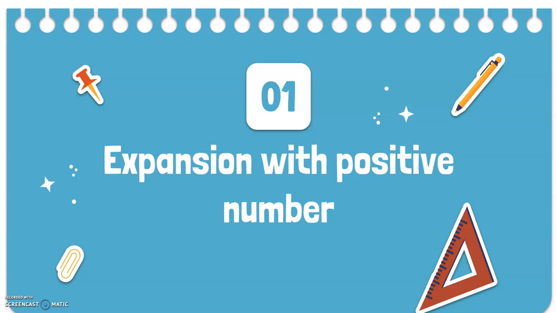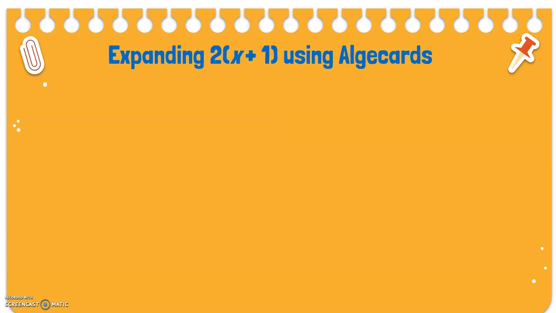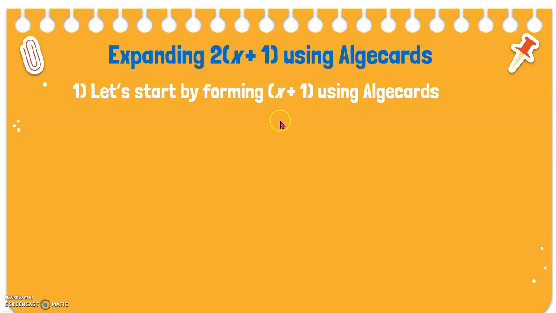Alright, so let's look at the first one, expansion with positive number. So we are going to try to expand this algebraic term 2 times of x plus 1. We are going to use the Algecards method. The first thing is we are going to start by forming x plus 1 using Algecards.